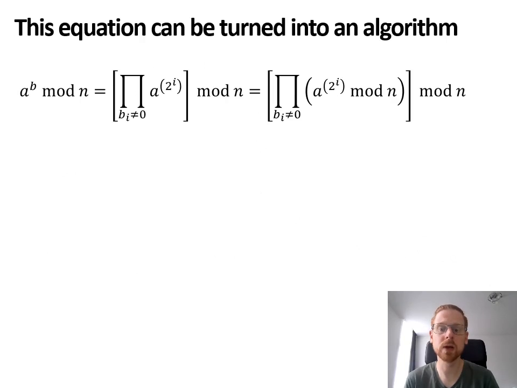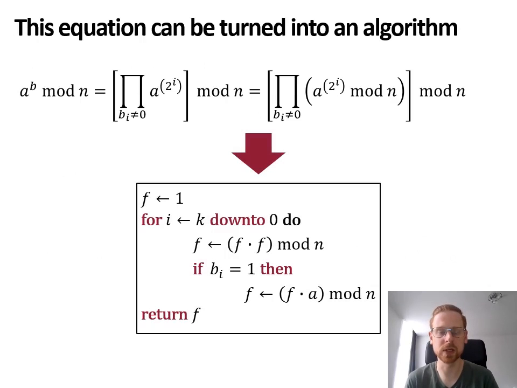This formula can now be converted into an algorithm that can be implemented on a computer, and it looks like this. We use a temporary variable f that stores the intermediary result of this exponentiation and multiplication. So, in each iteration, starting from k down to 0, we look at one bit of b, starting at the most significant bit, going to the least significant one.